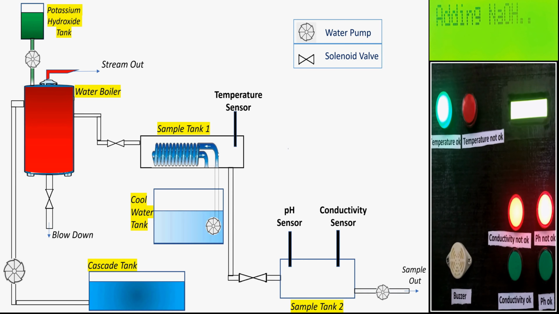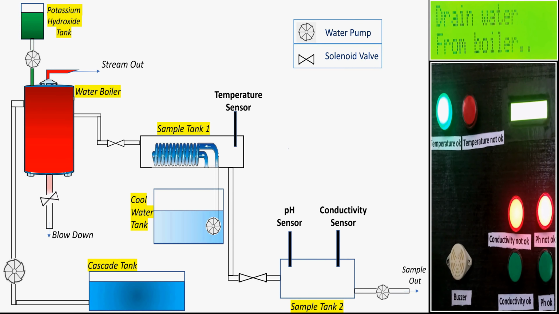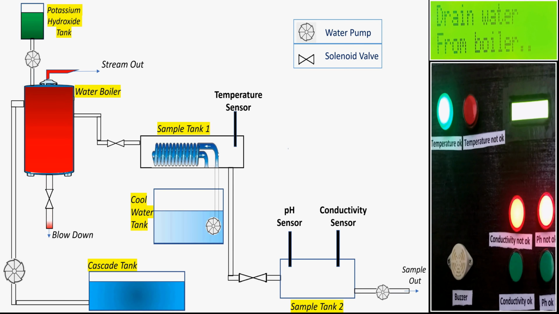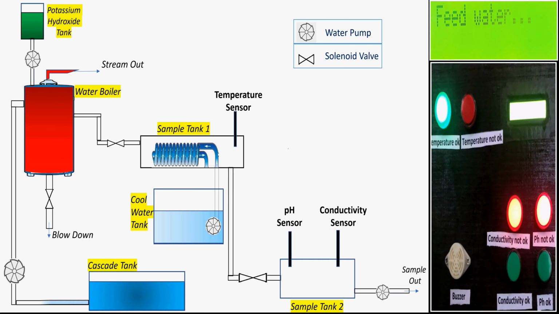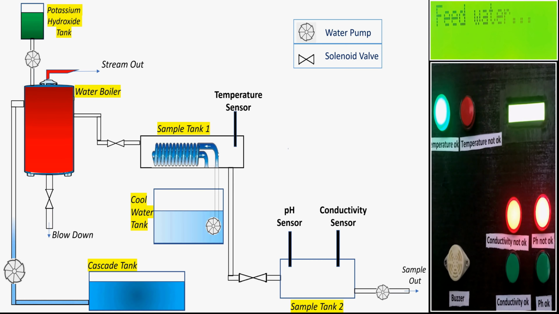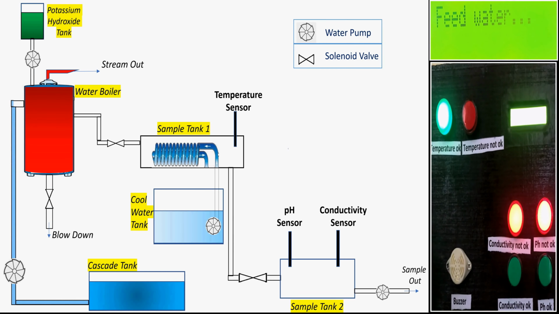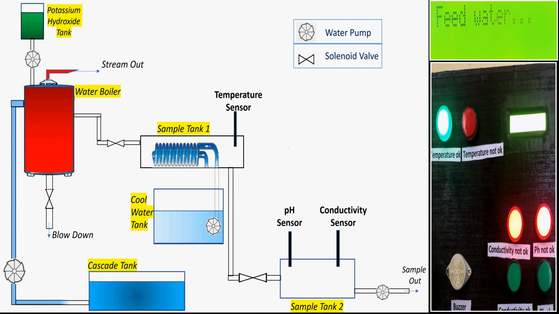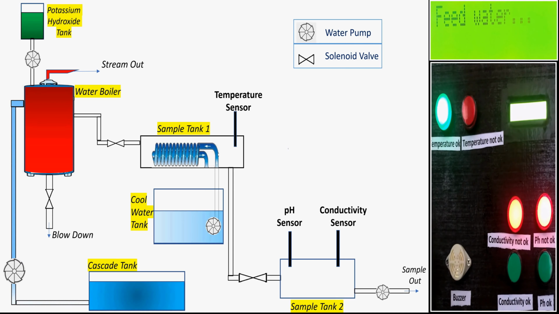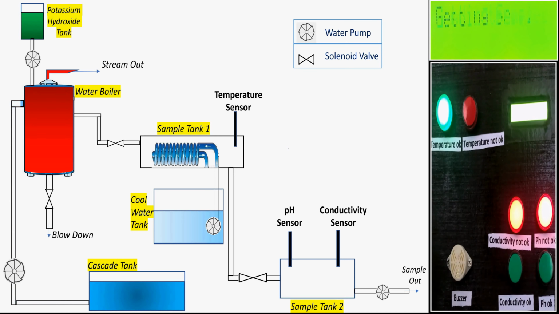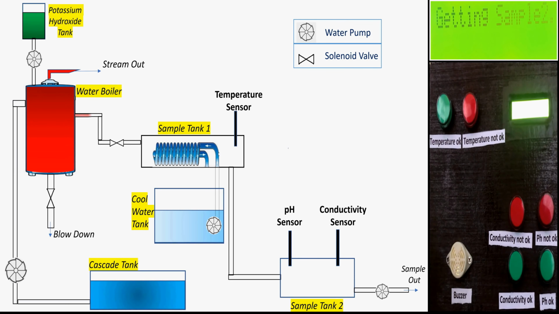And then, to fix the conductivity, the system blows down a calculated volume of water from the boiler and then feeds the boiler with distilled water from the cascade tank. After the fixing process, it checks a sample of water again for a second round.